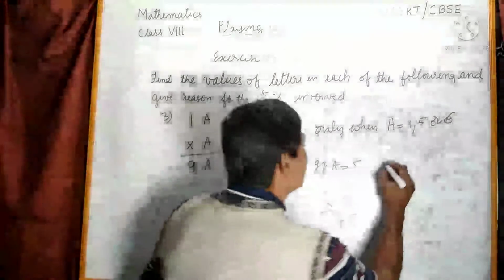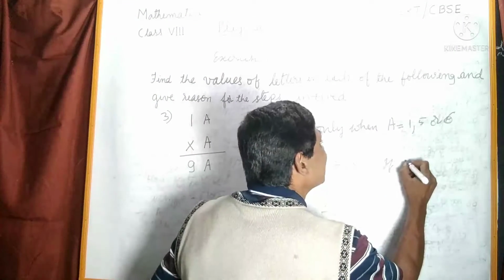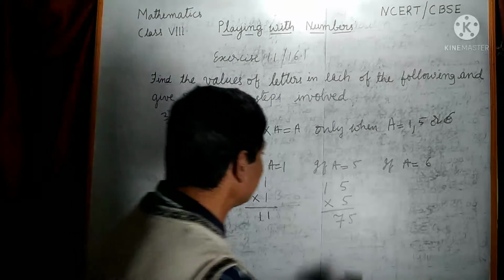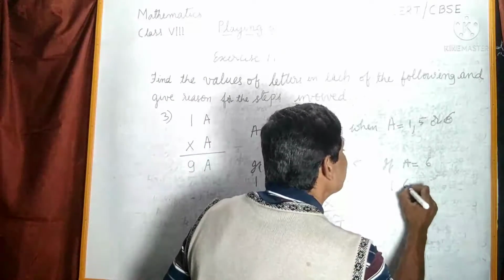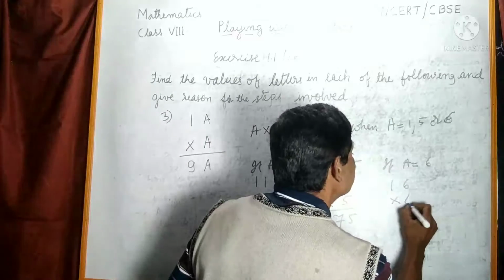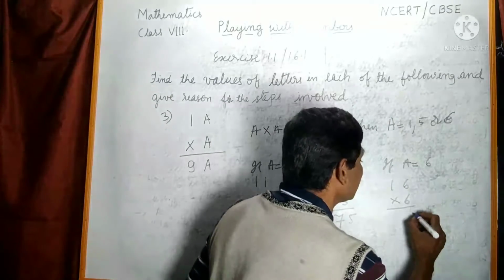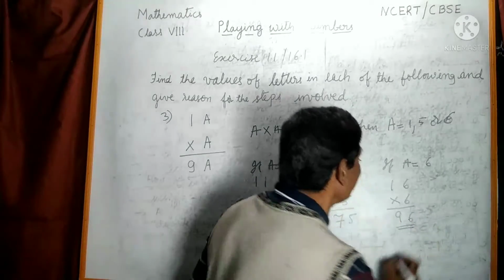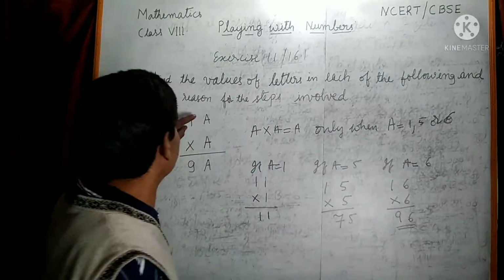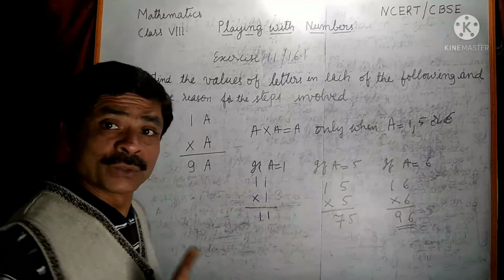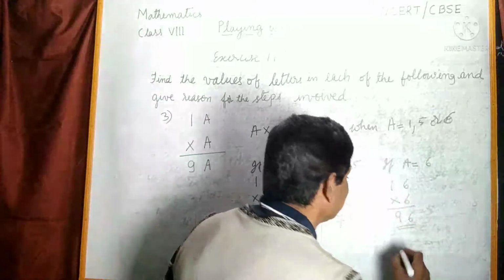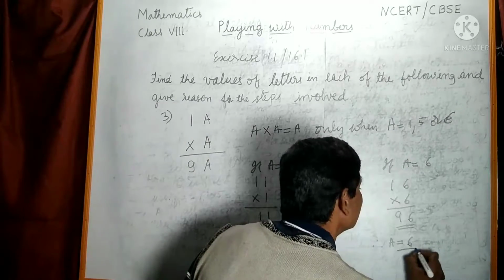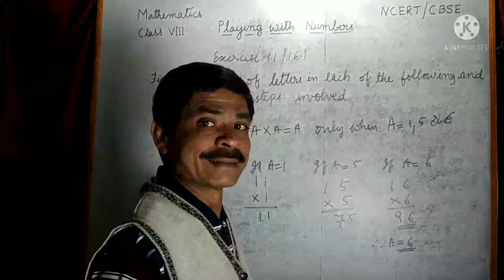So that now let us try A is equal to 6. So that 16 into 6 is equal to 96. Therefore, here we have to take A is equal to 6. Therefore, A is equal to 6. Next puzzle.